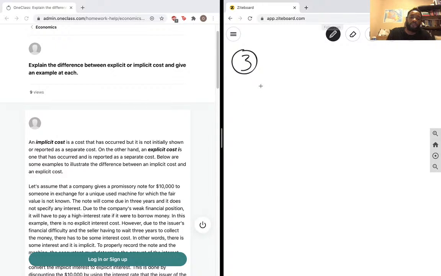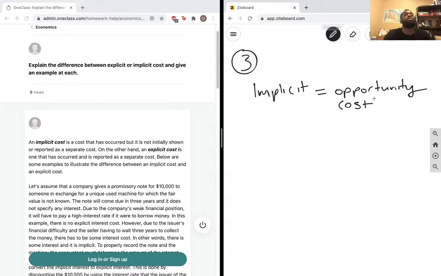So first off, we'll just say implicit cost is the same thing as opportunity cost, or you could call it economic cost.